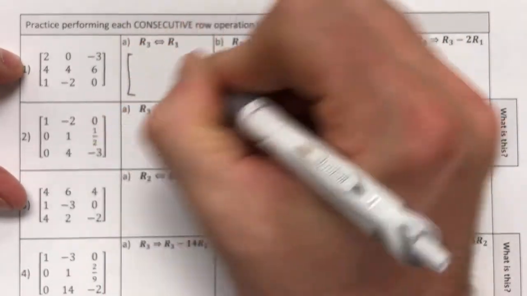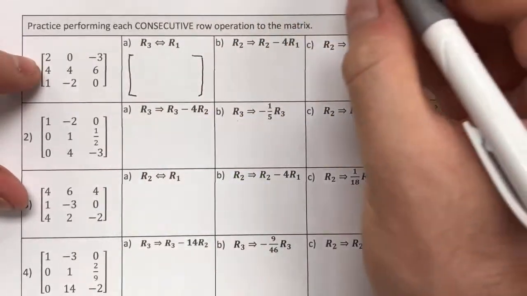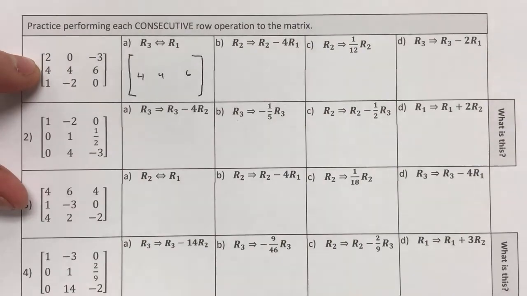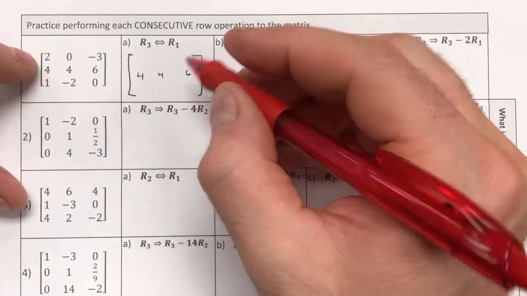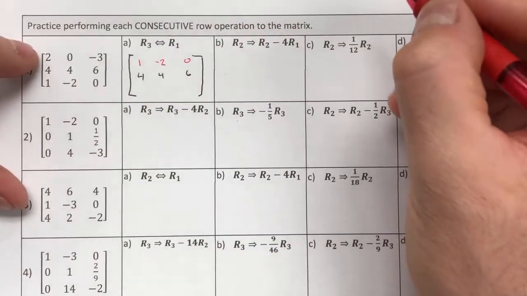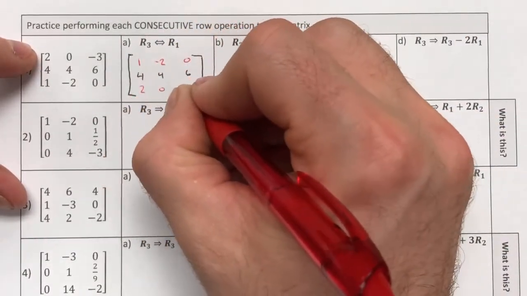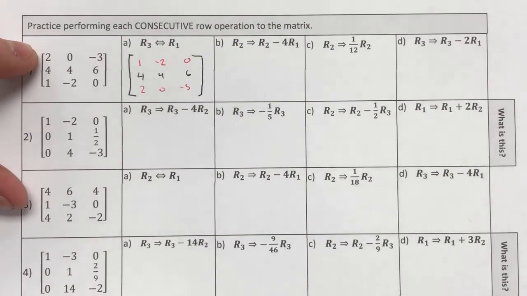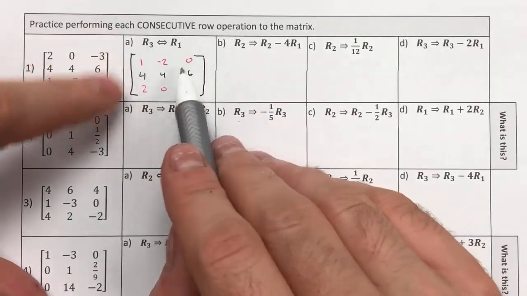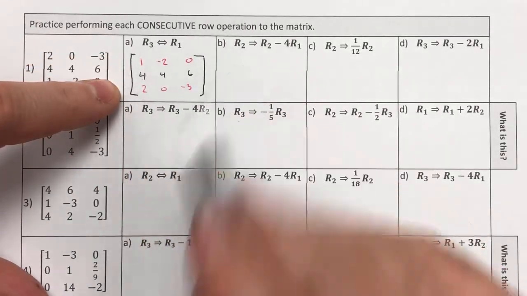What I know is that by swapping row 3 and row 1, row 2, 4, 4, 6 isn't changed. So I'm just going to copy that one down. The only changes happen here and here. So I'm going to move my 1, negative 2, 0 up top. I'm going to move my 2, 0, negative 3 down bottom. Cool. And these are going to be consecutive actions, so I'm going to take this matrix and move it over.